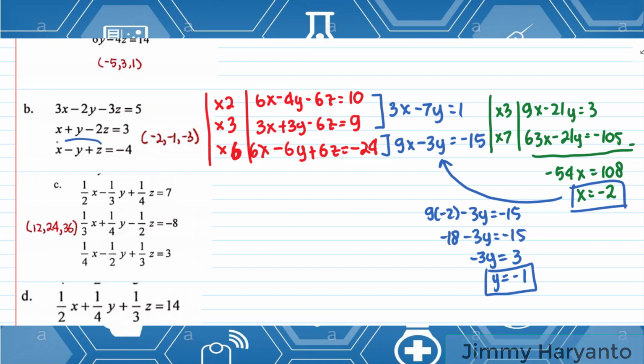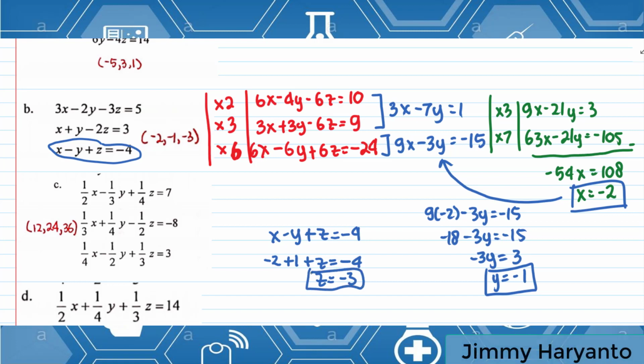I will choose this one: x minus y plus z equals negative 4. The x is negative 2, the y is negative 1, it will become plus 1, z equals negative 4 plus 1, negative 3. The z is negative 3, the same as the answer key.